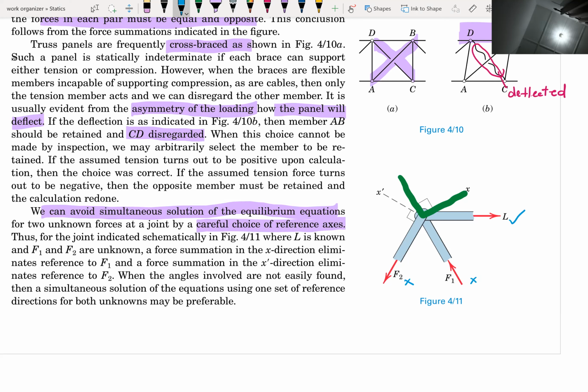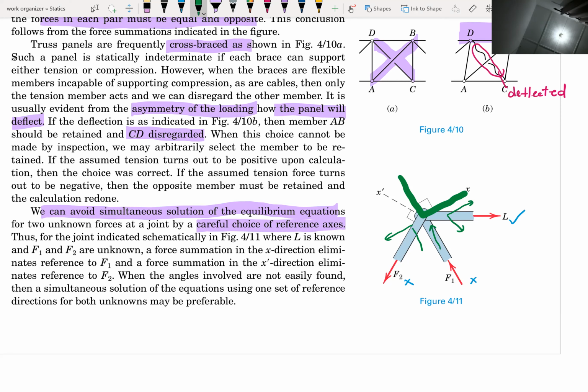So in this case we just write out the components of L. L we have in this way, F1 is in this way, and F2 is in this way.